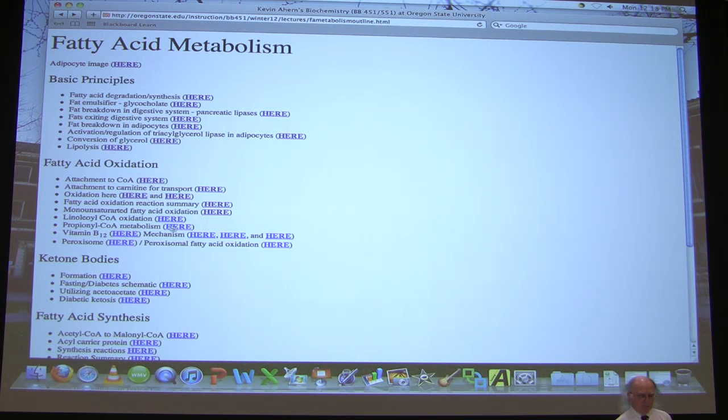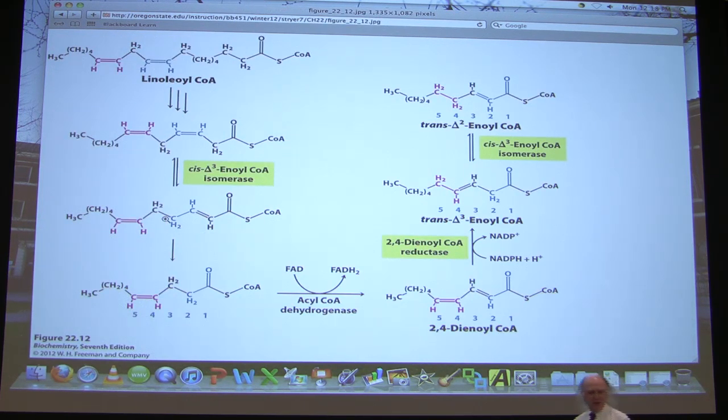Okay, what if we have something that looks like this guy? With this guy, we have 2 double bonds, and they're not positioned exactly the way that we need them. So how do we deal with this? Well, let's take this into consideration.